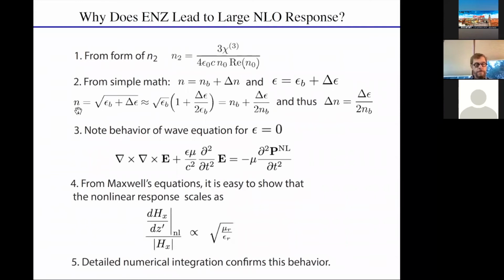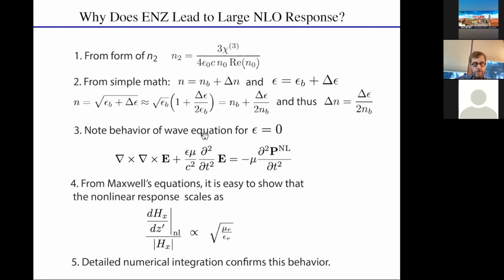Then we can express n as a function of the epsilon background and change, and we take this to first order. What we find is that the change in the refractive index is equal to the change in dielectric permittivity divided by twice the background index. So once again, if the background index is very small, we get a large enhancement of the refractive index.